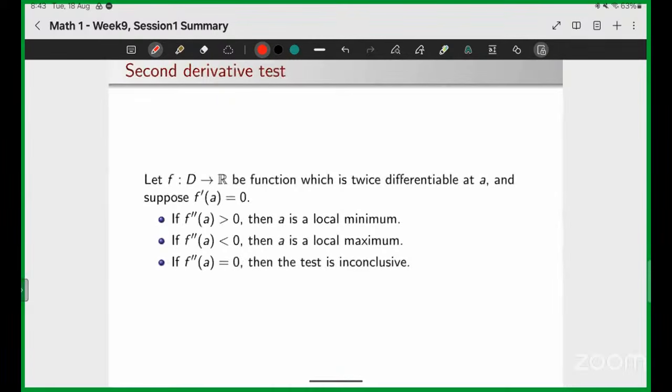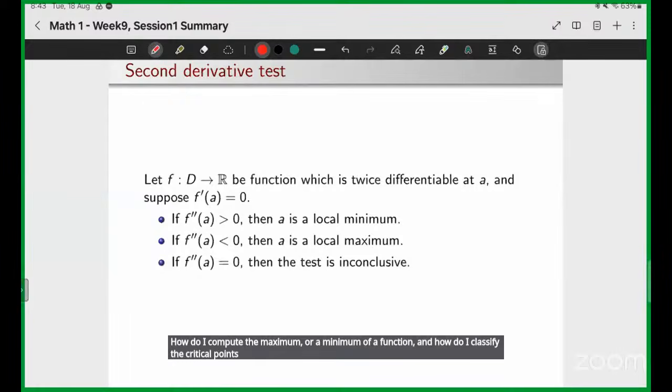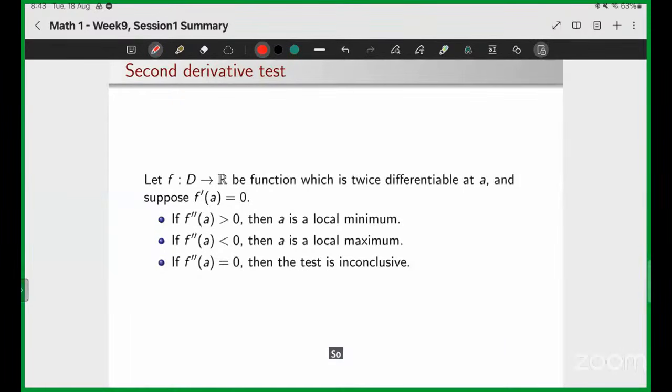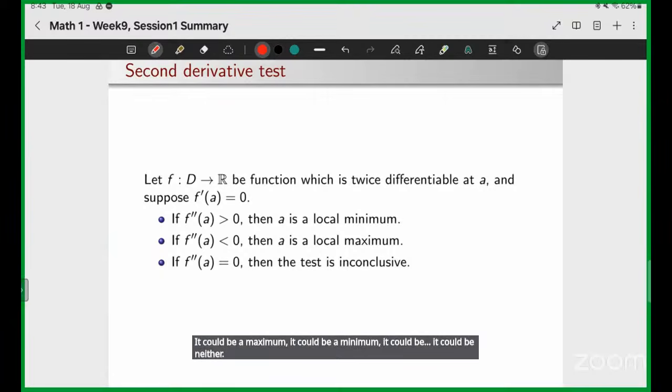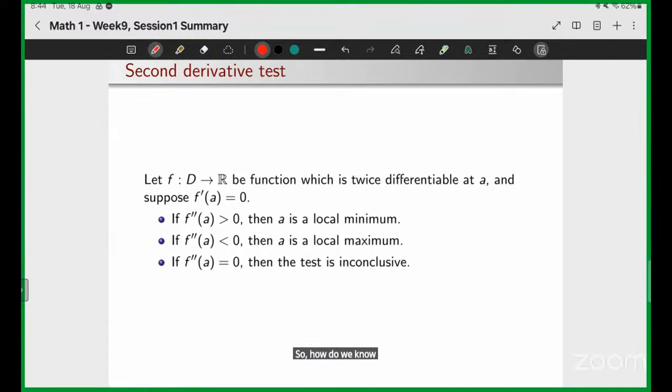So now the thing that we were promising is the following. How do I compute the maximum or a minimum of a function, and how do I classify the critical points? We said that if f prime a is equal to 0, it could be a maximum, it could be a minimum, it could be neither. So how do we know which case happens?